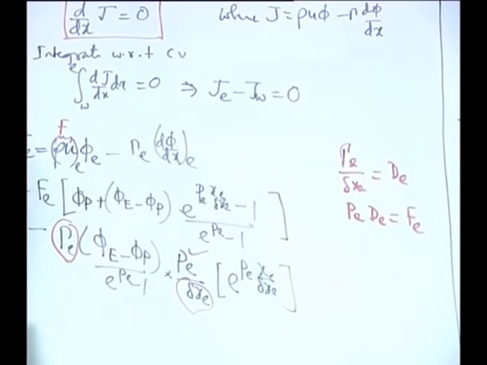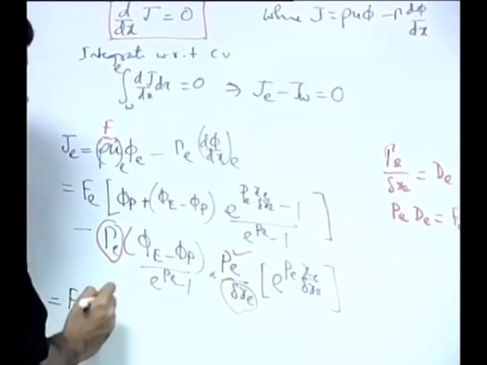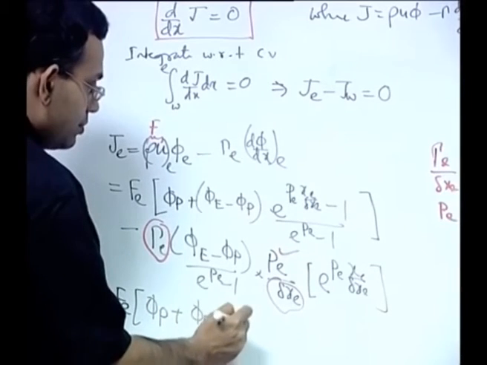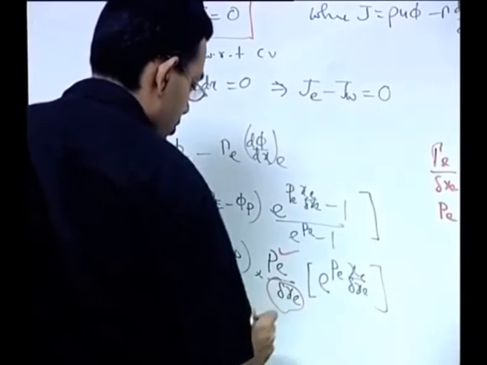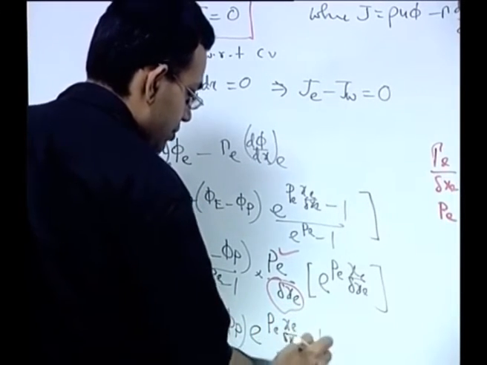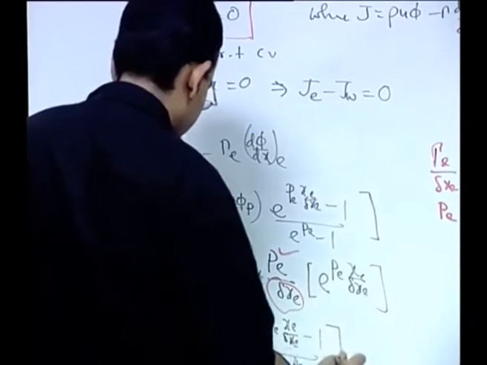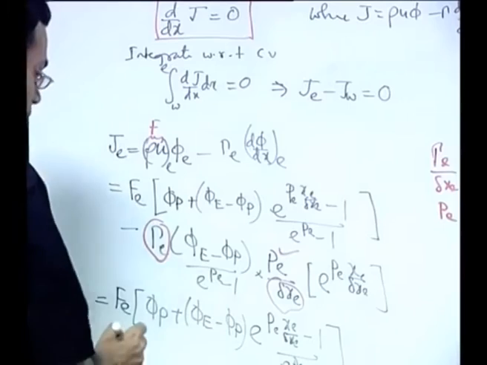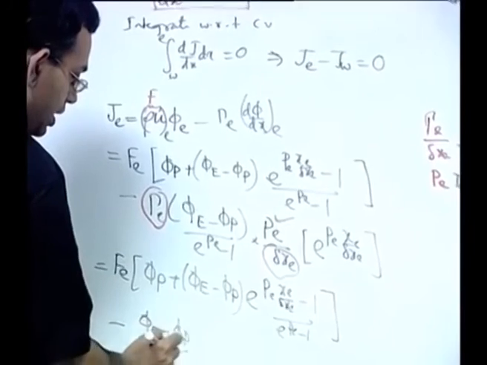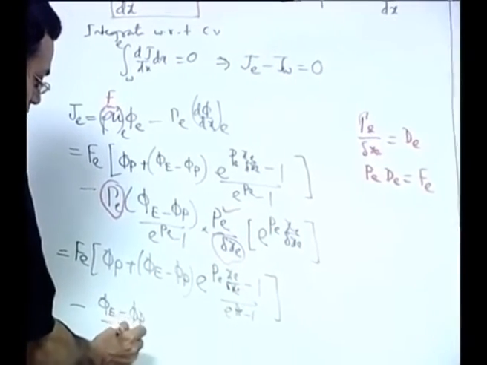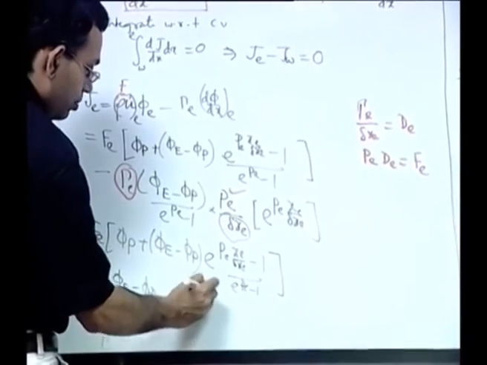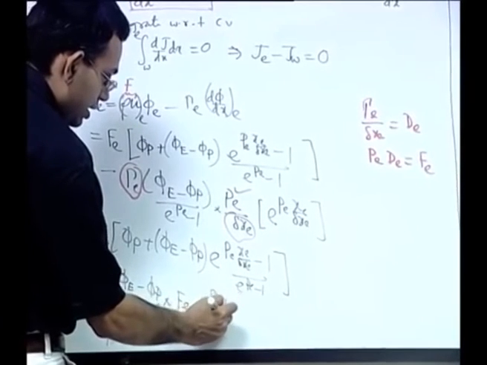So, you have f e phi p plus phi e minus phi p into e to the power p e x e by delta x e minus 1 by e to the power p e minus 1, minus phi e minus phi p by e to the power p e minus 1, that multiplied by f e into e to the power p e x e by delta x e.